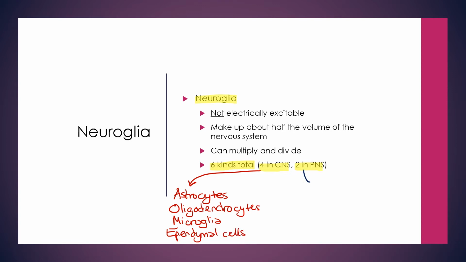And then in the peripheral nervous system, we have Schwann cells and satellite cells.